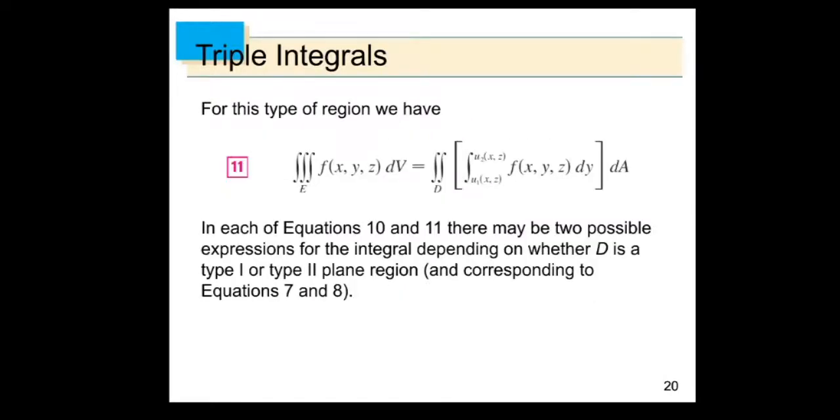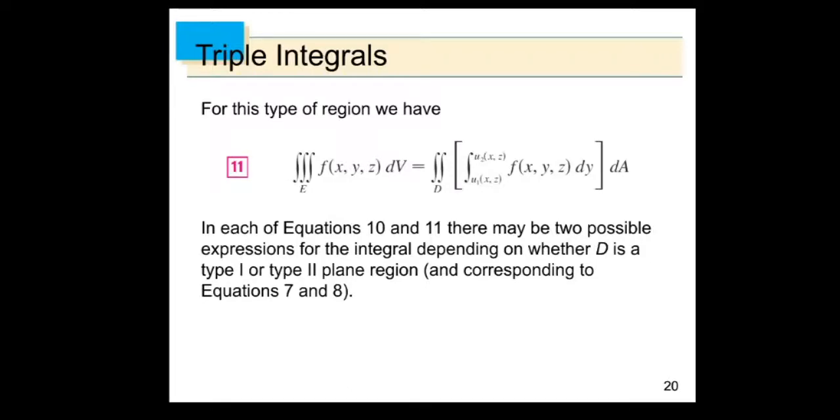For this type of region we have equation number 11, and we can see that our dx has been replaced with dy, because we are going to integrate with respect to y first.